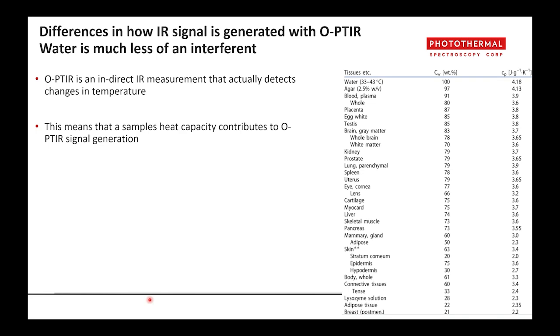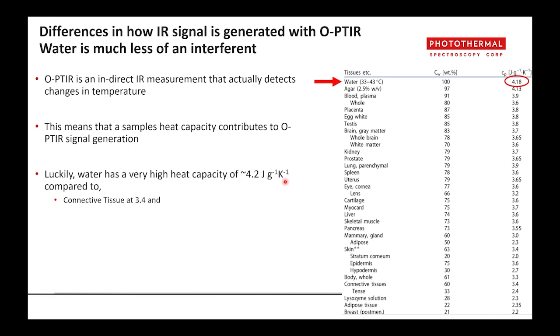Right, so for example, in this table here, I've got water listed for its heat capacity. So heat capacity is basically how much energy it takes to increase the temperature of a particular material. So water requires about 4.2 joules per gram per Kelvin to increase its temperature by 1 degree. Now, if you compare that to connective tissue, so basically muscle is much less, and fat, which is adipose tissue, is mostly fat, and there it's about 2.3.